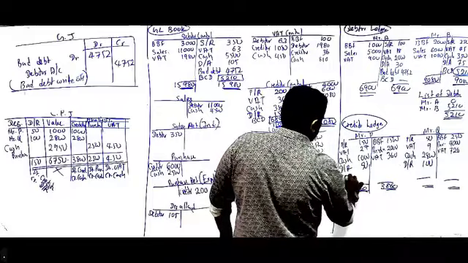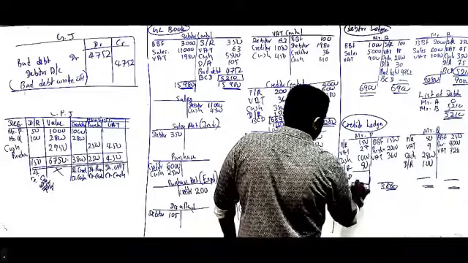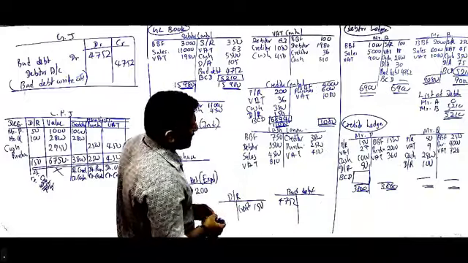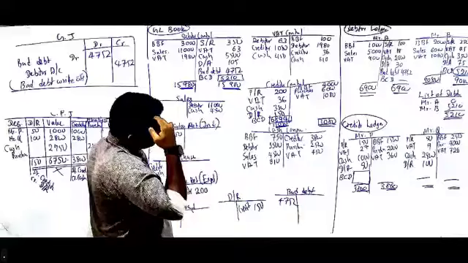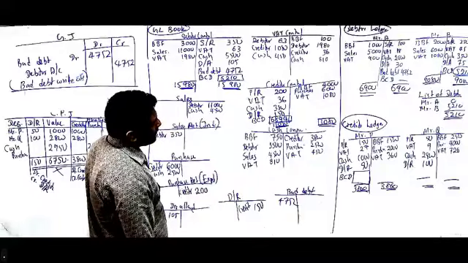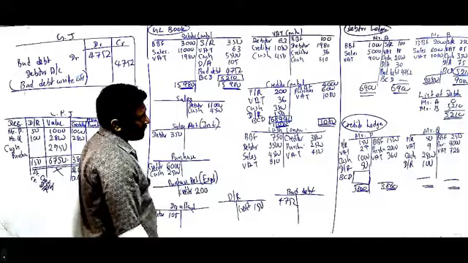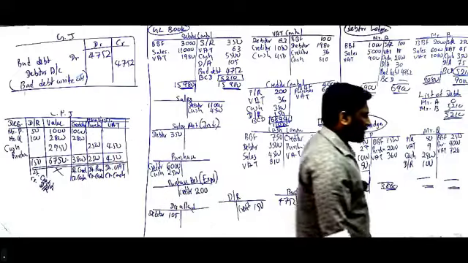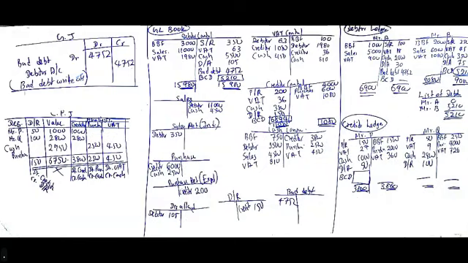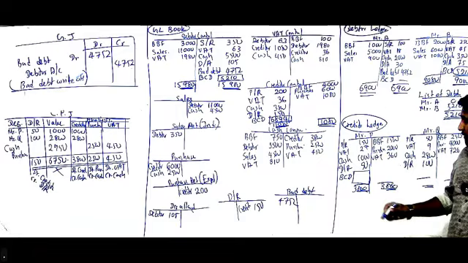What is Mr. P's BCD balance? 3,860 minus this. 2633.